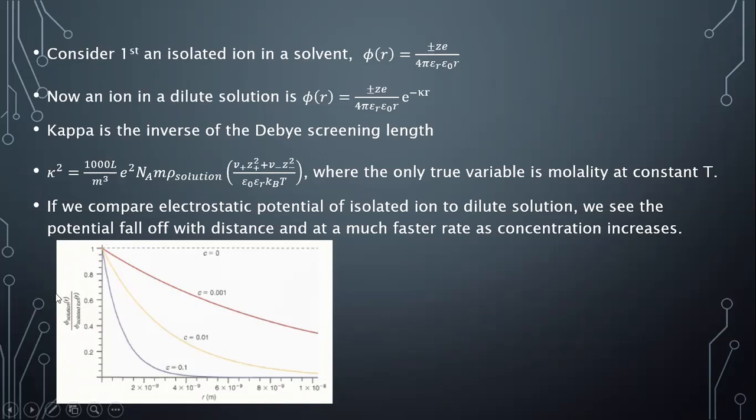The potential for our solution drops off very rapidly. So this is when R is increasing. When we get too close, we see this great deviation. The potential of the solution has dropped off almost entirely by just, say, 4 times 10 to the negative 9th meters. What's that?